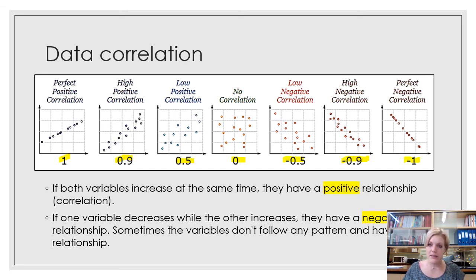And then on the opposite sides of the spectrum, so that would be for direct proportionality. That means as one variable increases, the other one increases. For inverse proportionality, we look at as one variable increases, the other one decreases. So a low negative correlation is going to be that they don't really fit together.